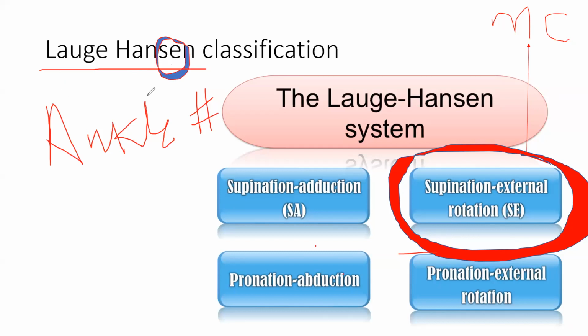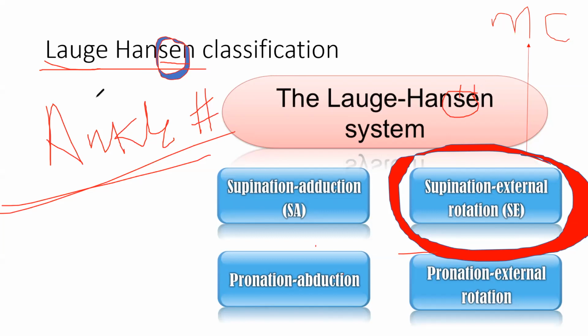So it's like, while you're at it, memorize this for the ankle too. Lauge-Hansen means ankle fracture classification. In the Lauge-Hansen classification, the most common type of injury is SE, supination external rotation. The only MCQ you will be asked is which classification is used for ankle fracture classification. So Lauge-Hansen means ankle fracture classification, and SE is supination and external rotation, the most common type.